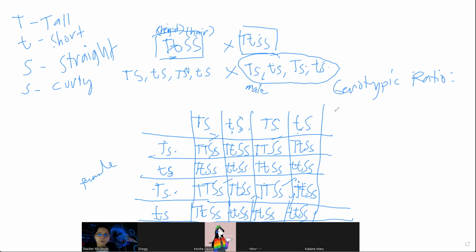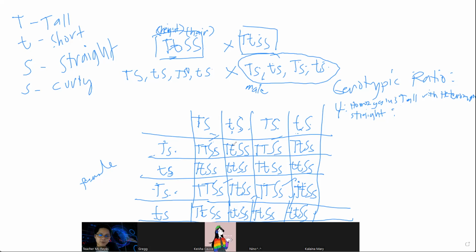Okay, we have 4 homozygous tall with heterozygous straight, because it carries again a gene for curly. Okay, is 2.